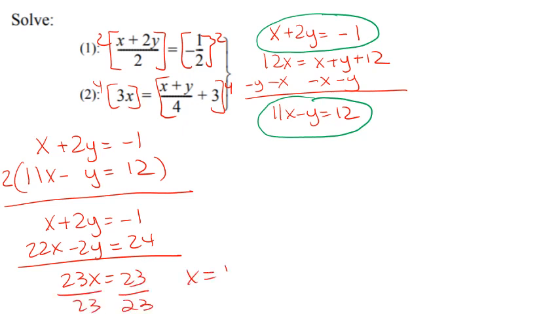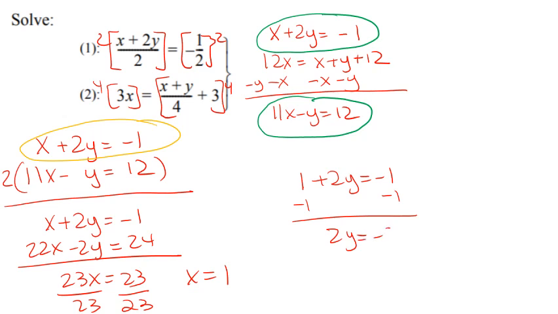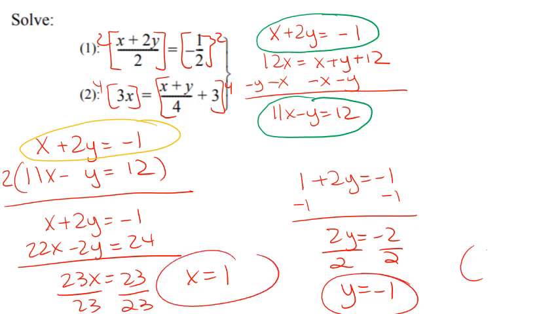X is 1. And so I'm going to plug that into this top equation. So that's going to be 1 plus 2y equals negative 1. Subtract 1 on both sides. 2y equals negative 2. Divide by 2. And y is equal to negative 1. So my answer is 1, negative 1.